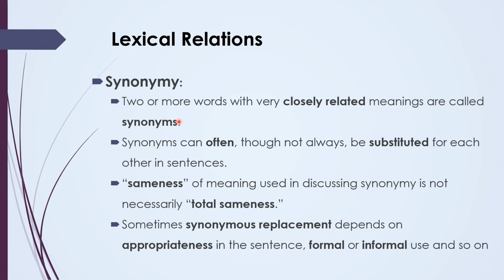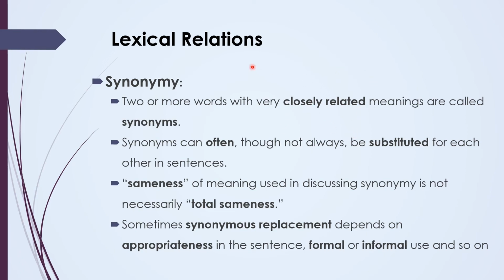So whenever we are referring to sameness of meaning, it doesn't necessarily mean totally similar. It doesn't mean that everything is exactly the same. There can be a little bit of difference in there, but the main thing is that we're referring to very closely related words.